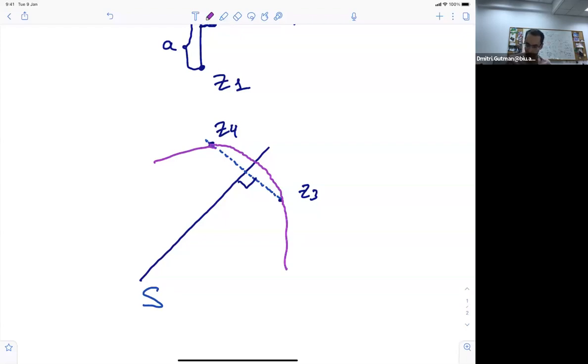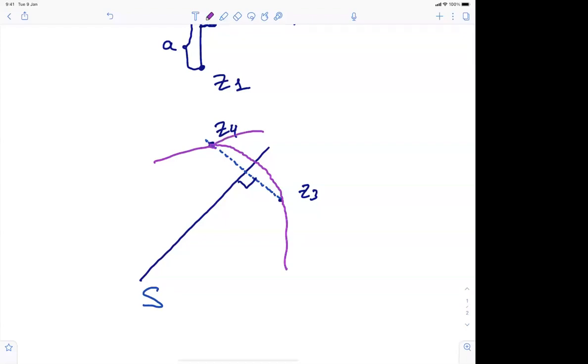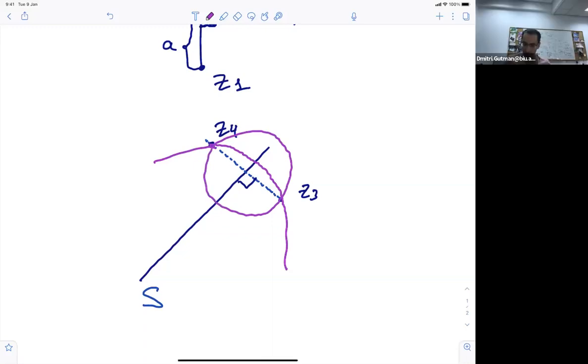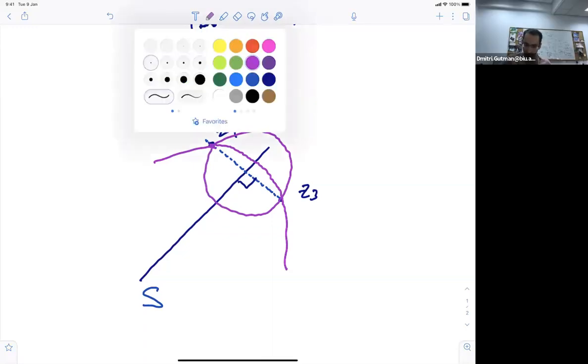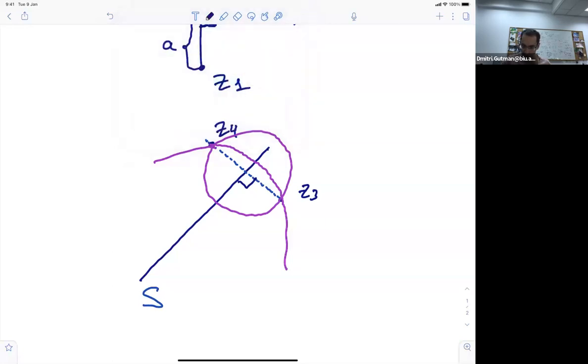Of course, I can draw another circle as well. So any circle that passes through points Z3 and Z4 will intersect the line S, and when it intersects it, it does it orthogonally.